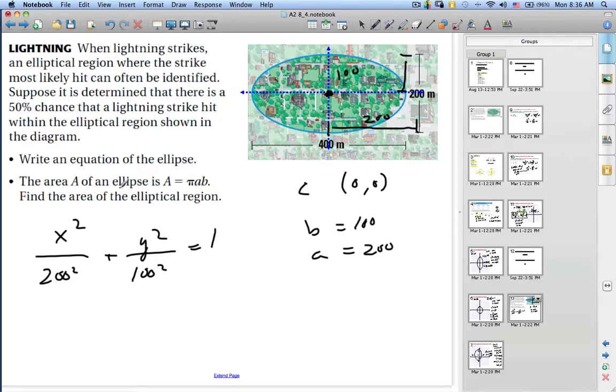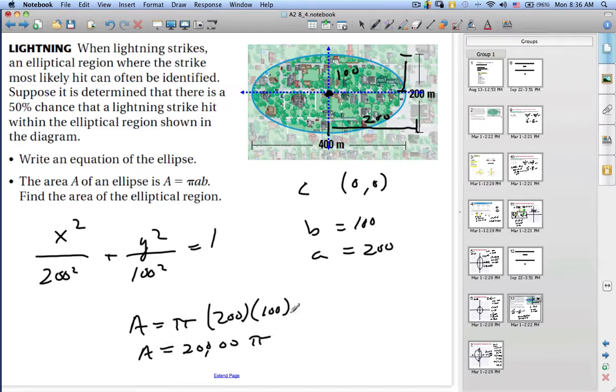If I want to find the area of the ellipse, my area is going to be pi times A, which is 200, times B, which is 100. So this is going to be 200 plus 2 zeros, so 20,000 pi is equal to my area.